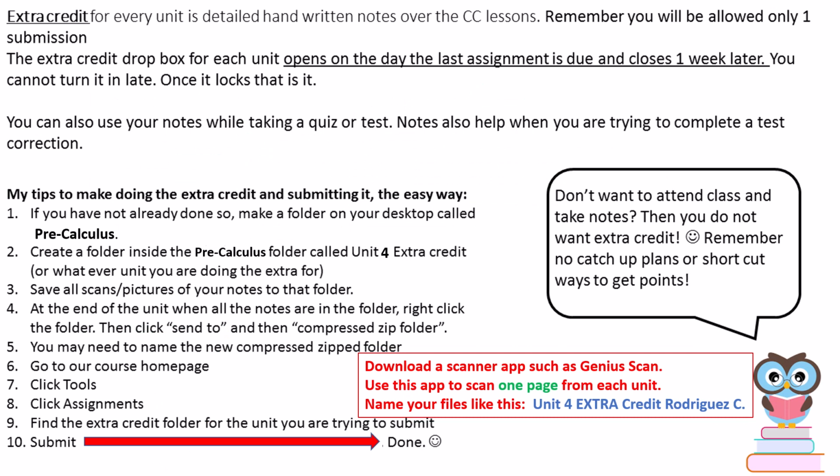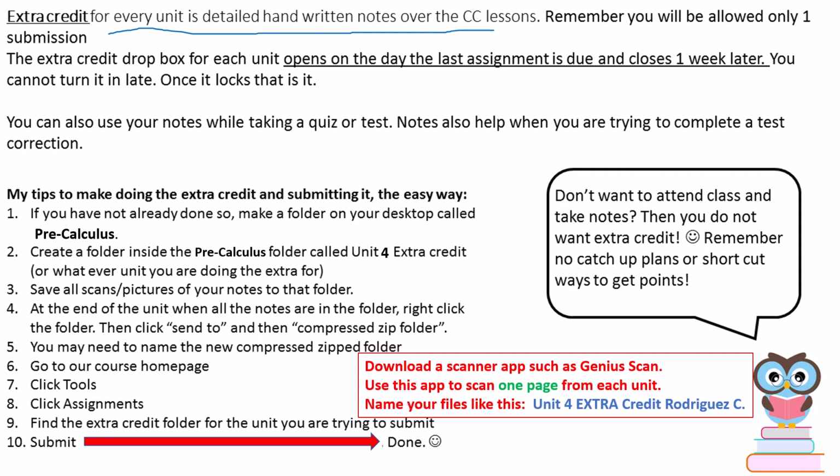All right, extra credit is detailed handwritten notes. You're only allowed one submission. Use Genius Scan or CamScanner, but please stop taking pictures and turning them in. I will grade them. I'll do everything I can to grade them.